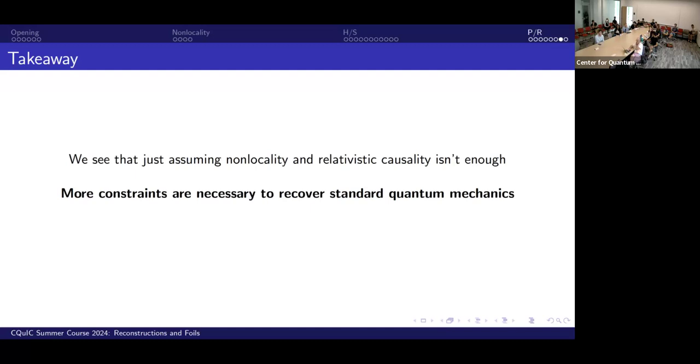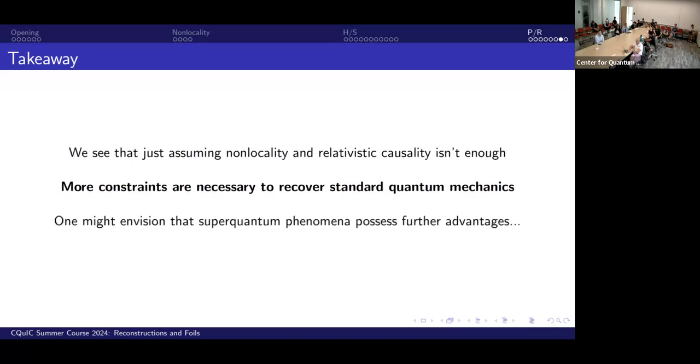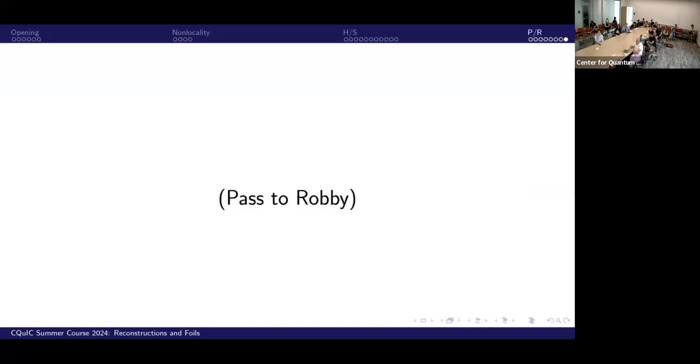Again, I don't know any of these details, so I'm probably wasting people's time. There is this idea of quantum advantage, and what super quantum phenomena possess further. This was a thing people were considering for a time.